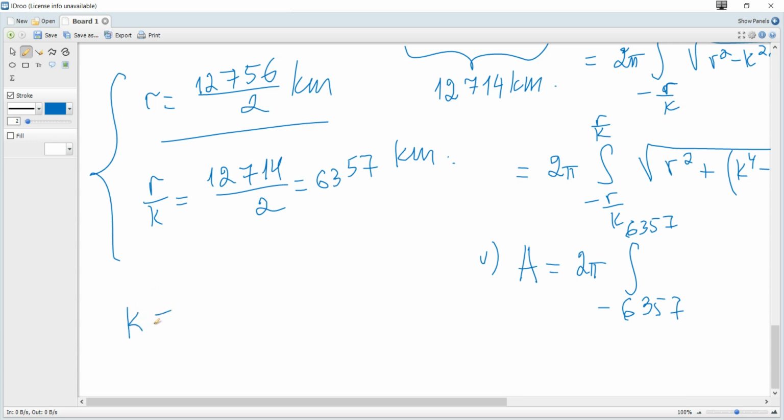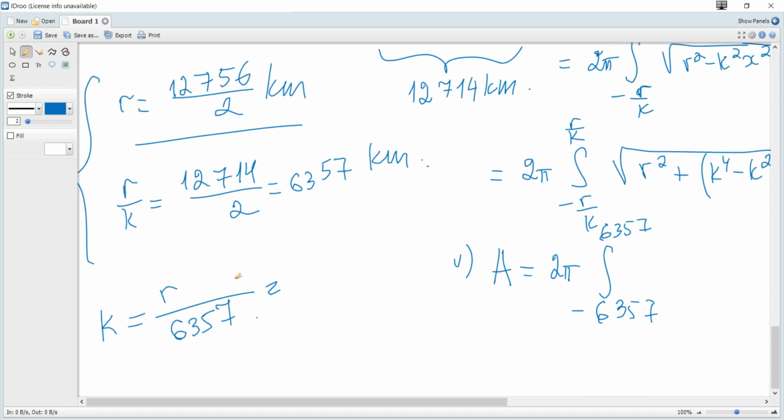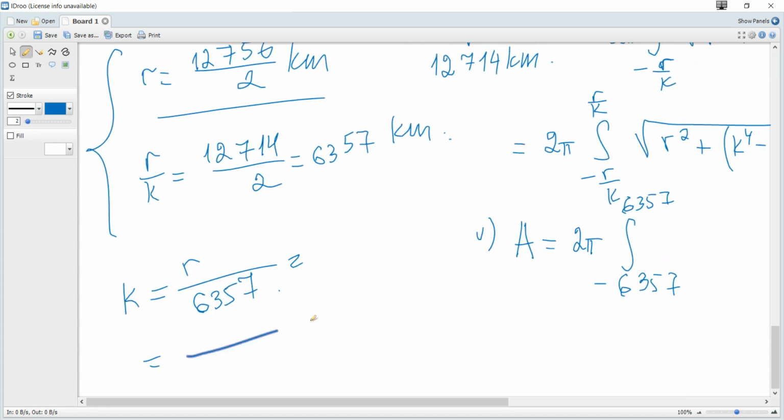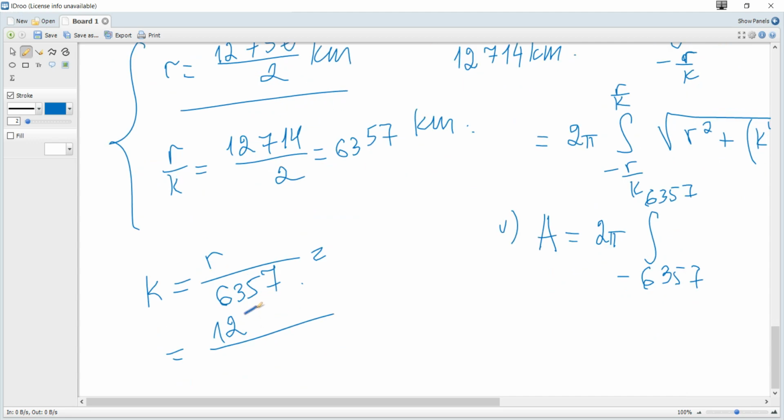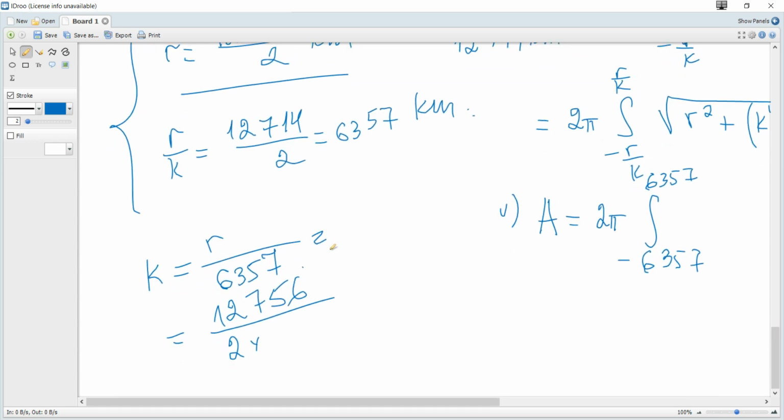So k is r divided by 6357, and r is 12,756 over 12,714.